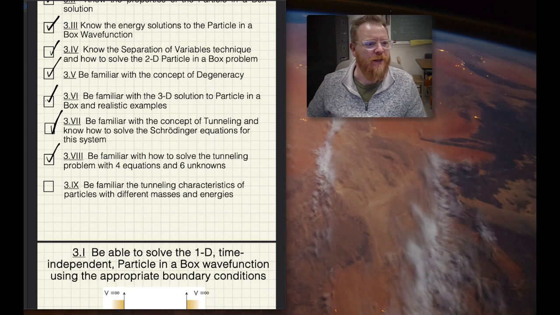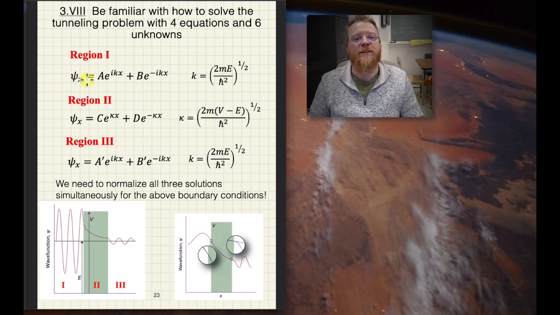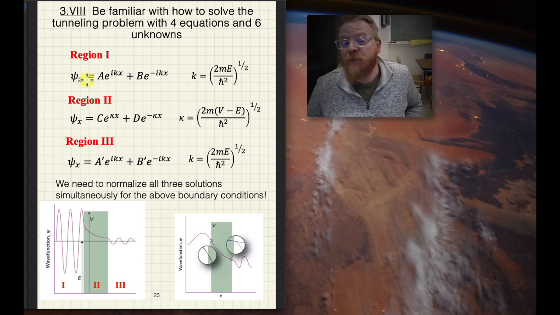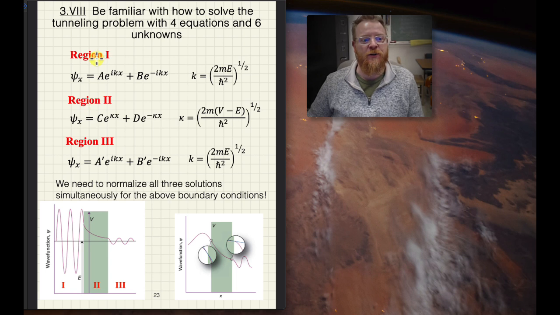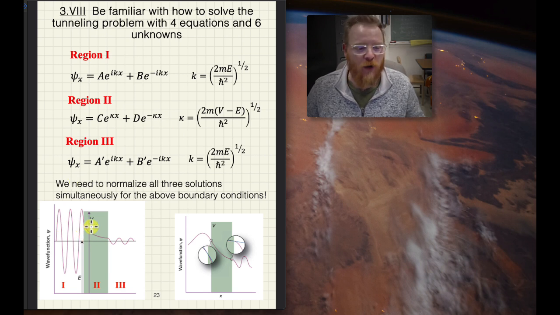Okay, so this is where we ended up last time. We set up our general solution to the Schrodinger equation for all 3 regions. Recall in regions 1 and 3, we got imaginary solutions, which correspond to oscillating wave functions corresponding to sines and cosines.